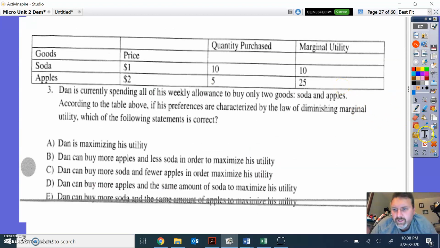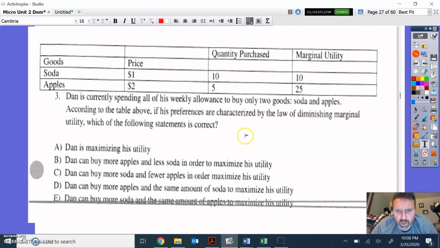Okay, Dan is currently consuming soda and apples. Which of the following statements are correct? We know that for soda, his MU is 10 over 1, which equals 10. We know that for apples, it's 25 over 2, which equals 12.5.